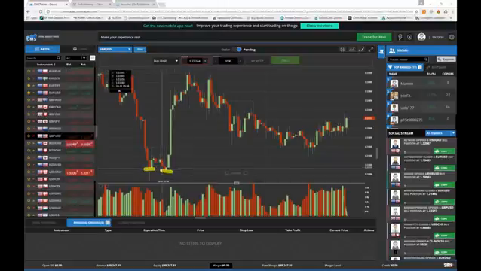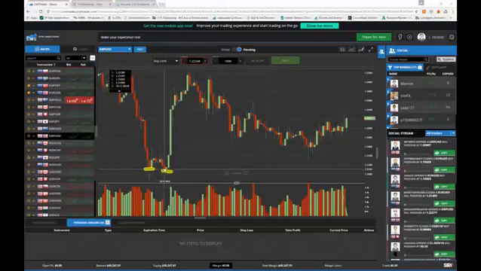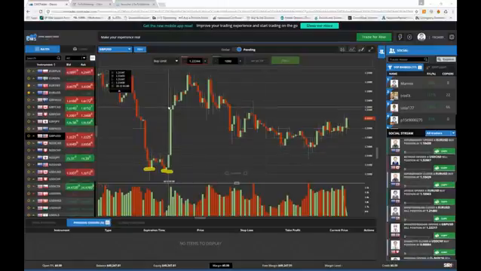So either way, you're looking at stronger buying than selling, which created this double bottom here, and then drove everybody back into the markets, taking the market right back up to the top.